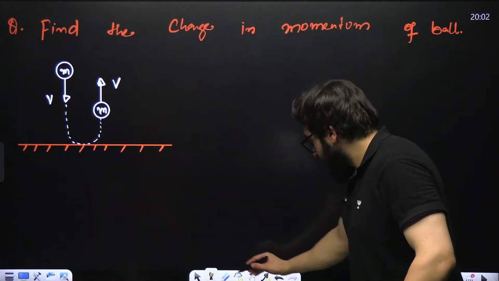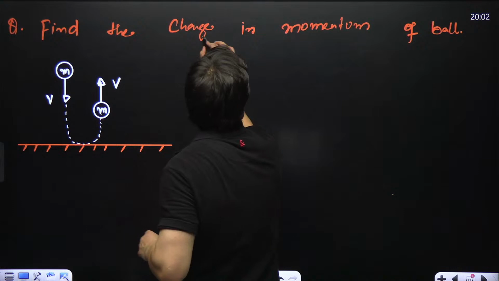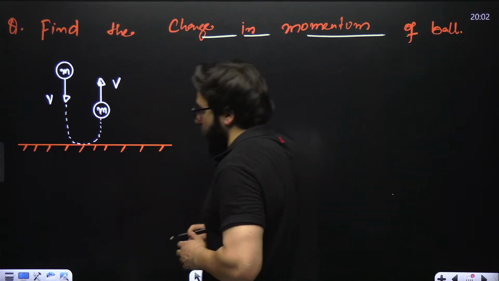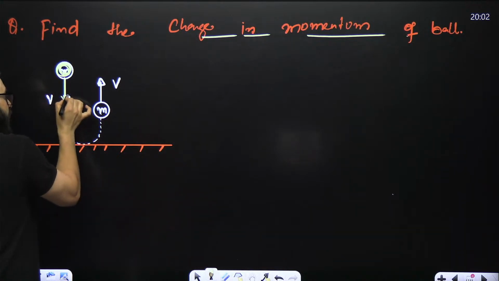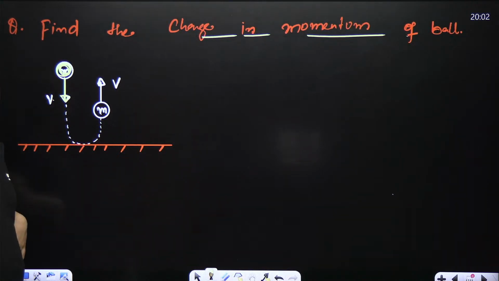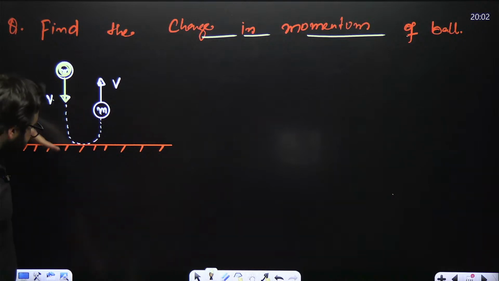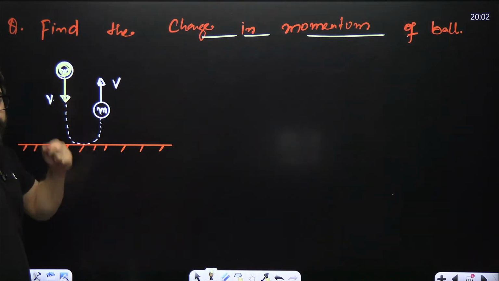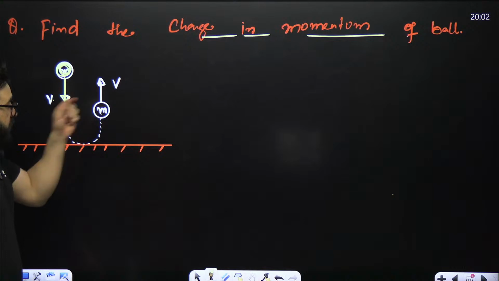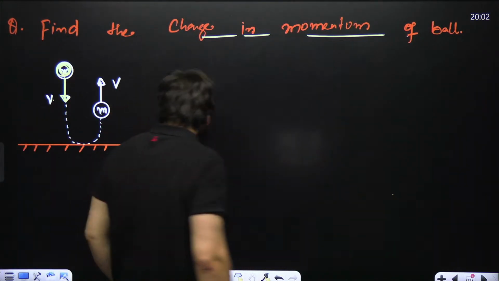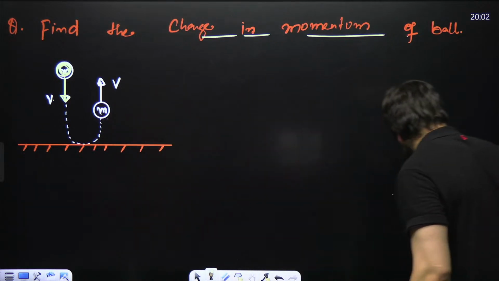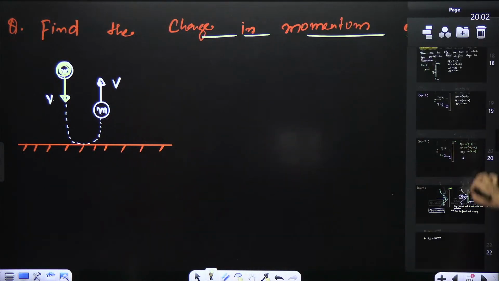Now, guys, find the change in momentum of the ball. We have got a mass over here. It has got velocity V, and then it is reflected with the same velocity V. Don't you think this is exactly the case like this?